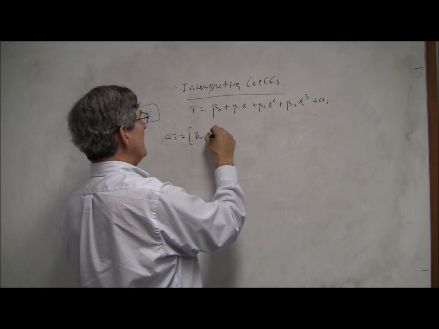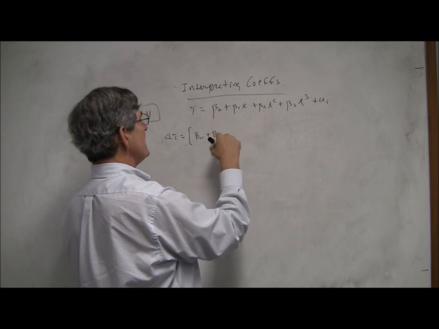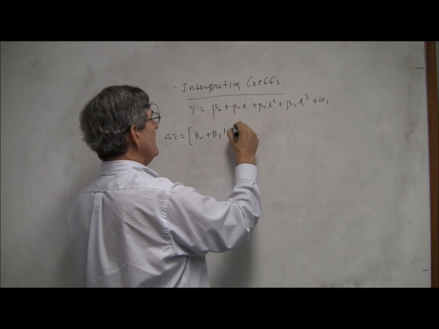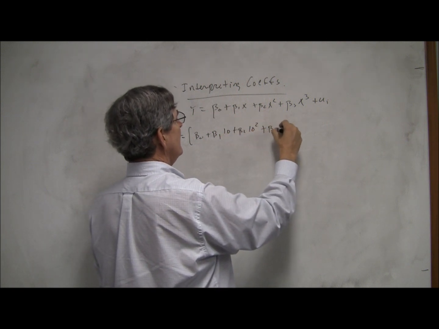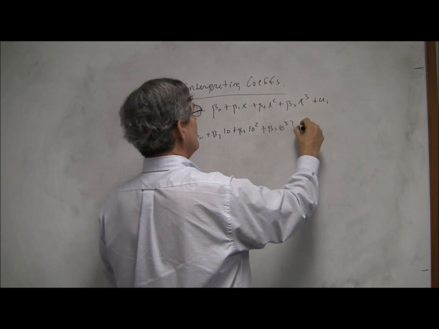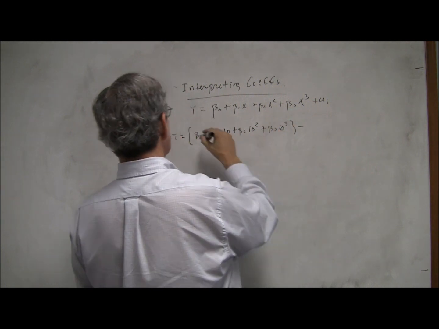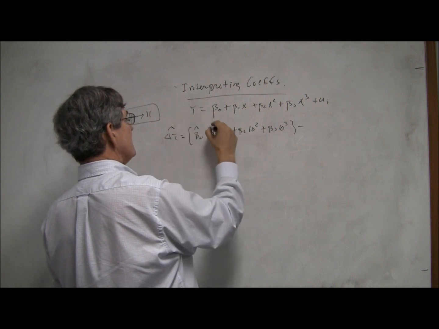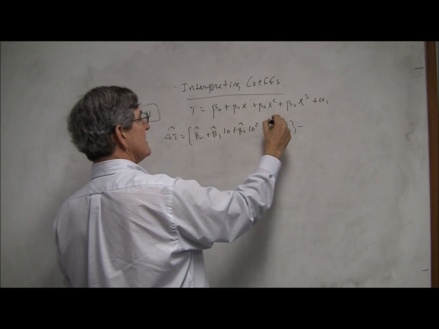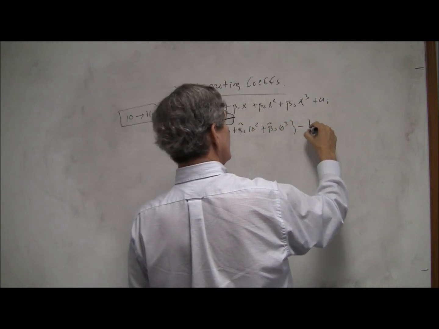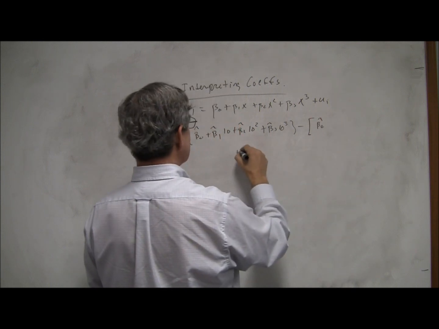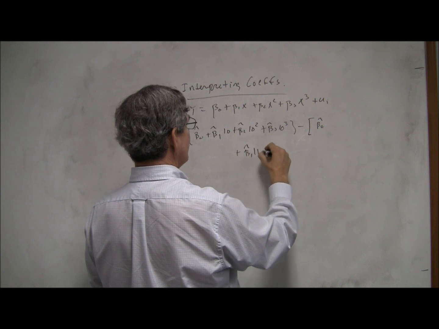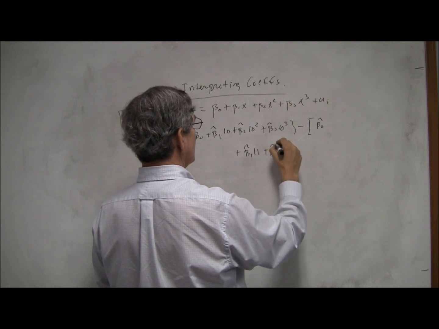So you say beta 0 hat plus beta 1 hat times 11 plus beta 2 hat times 11 squared plus beta 3 hat times 11 cubed, minus, this is the estimated change, so now we're using the estimated model, the same thing: beta naught hat plus beta 1 hat times 10 plus beta 2 hat times 10 squared plus beta 3 hat times 10 cubed.